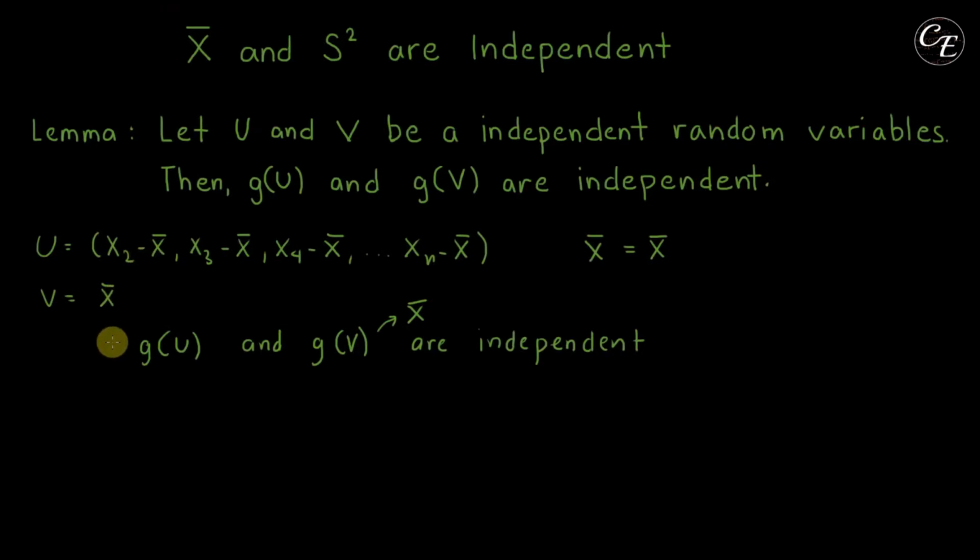And if we prove that the sample variance is a function of this vector only, then this sample variance will be independent of this one, which is the sample mean. So to prove this theorem using this lemma, we need to do two things. First, we need to prove that this u and v, which are this and this, are independent. And the second one is to prove that the sample variance is a function of this only.